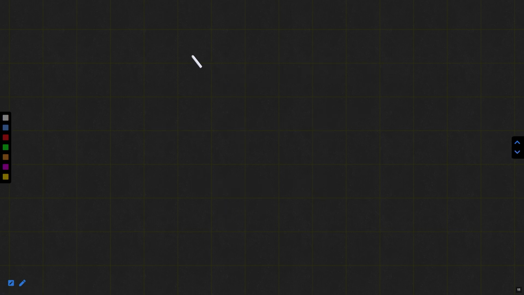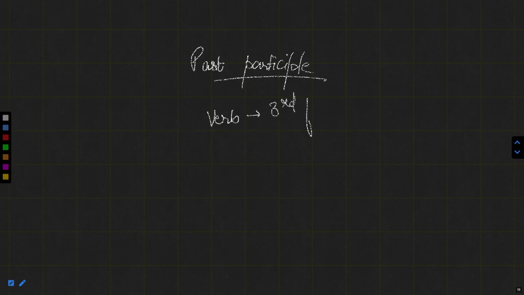Now whenever we have past participle, it means suppose we take a verb and we use its third form. Third form means we use the ed or en suffix, or maybe there are several other third forms.